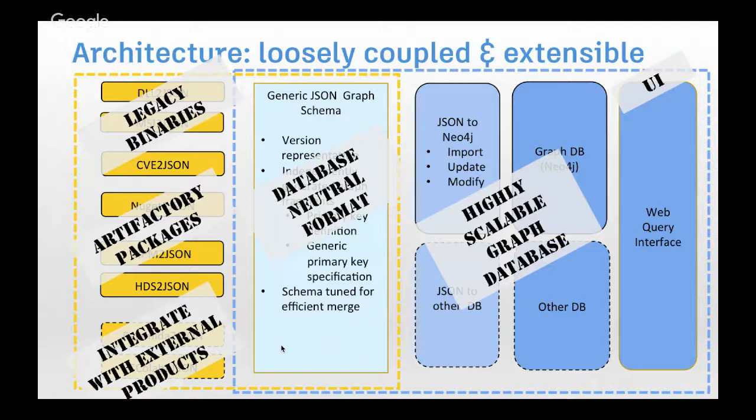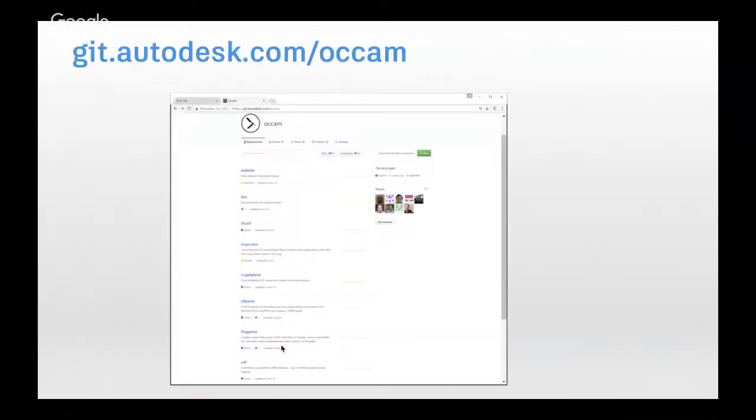If people wanted to participate and leverage the database that we built, they don't need to know Neo4j. They just write a plugin that mines the data they're interested in and produces this generic JSON format. And then we use a common database loader that takes the JSON and loads it into the database.